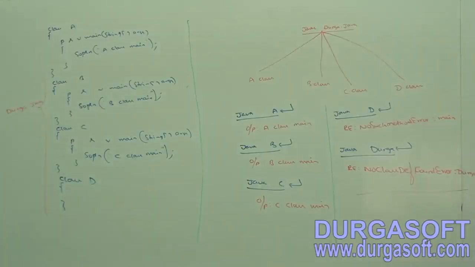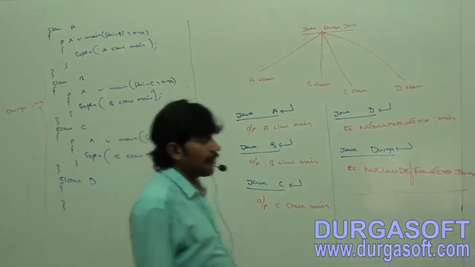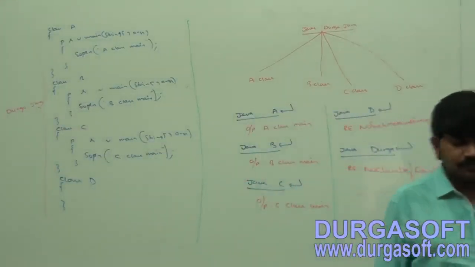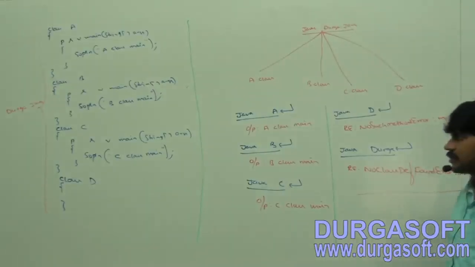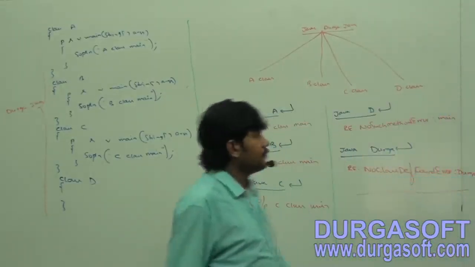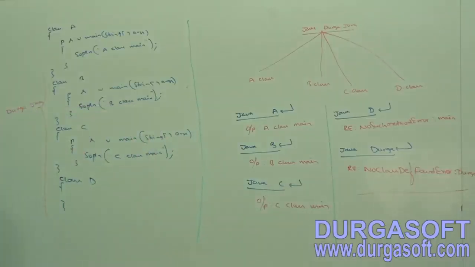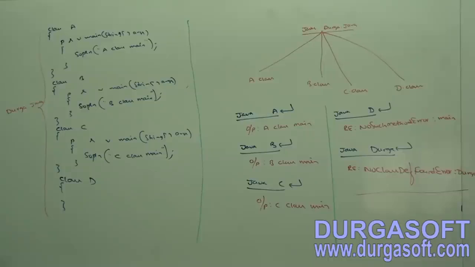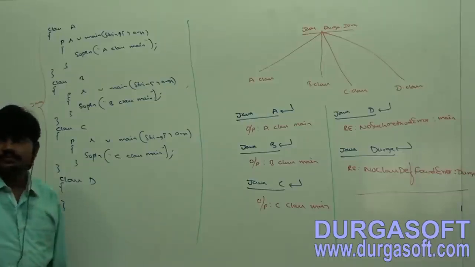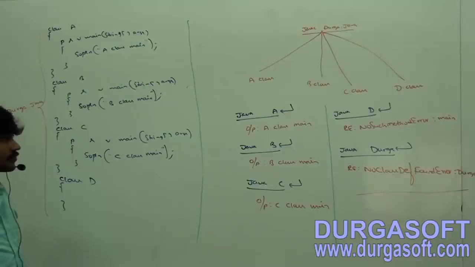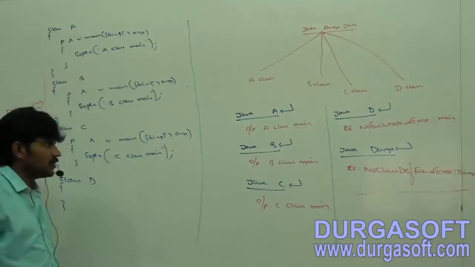javac Durga.java. If we compile, take all these options: A.class, B.class, C.class, and D.class.